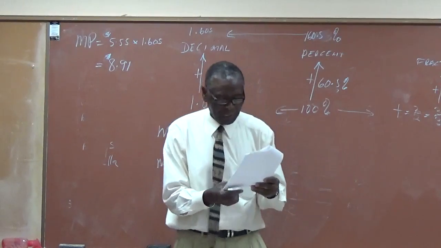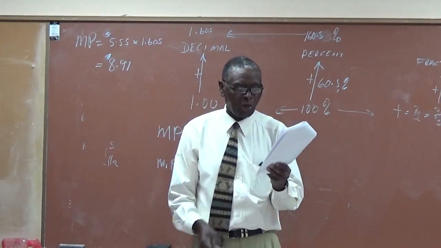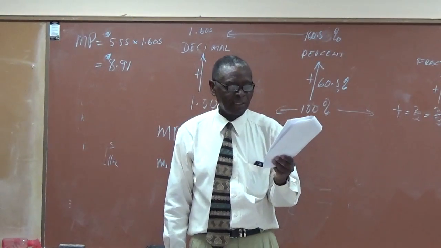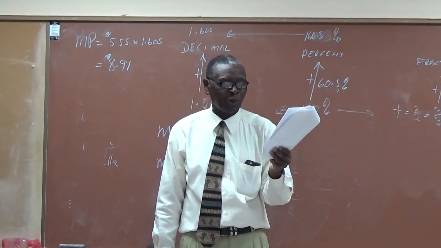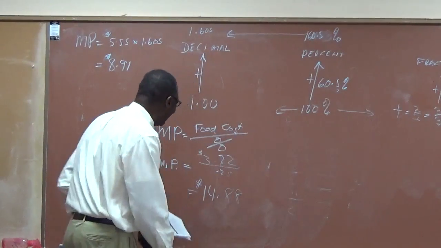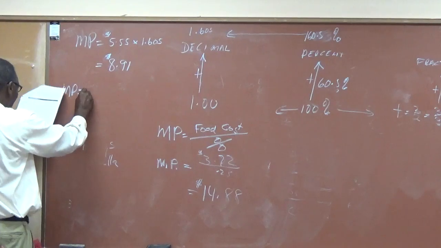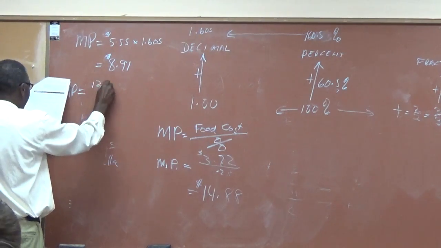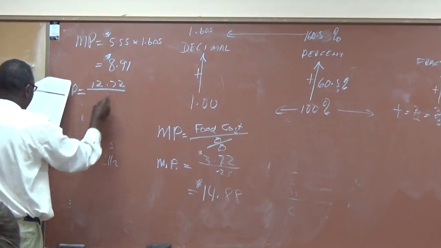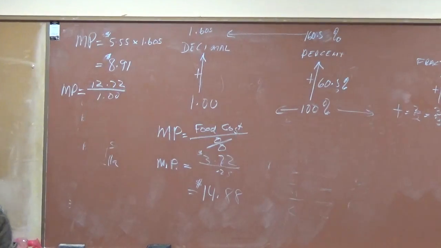Okay. Now look at number 8. The raw food cost is $12.72, and the 100% food cost percent is desired. There it is, menu price. $12.72. 100% is 1.00, right?